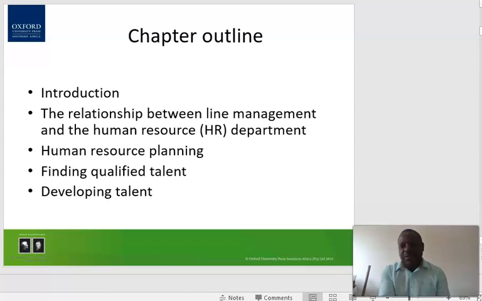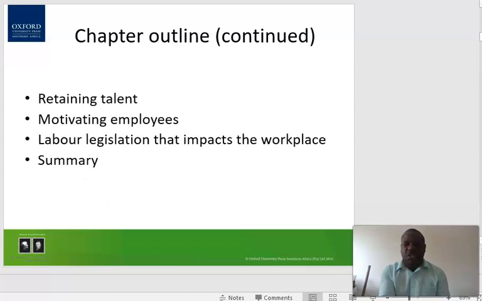How do we develop the people that we have in the organization? We will also look at retaining talent, not just to develop talent so that those people will move to other organizations, but how do we retain them so that they continue working for our organization and for the benefit of our organizations or for our enterprises.